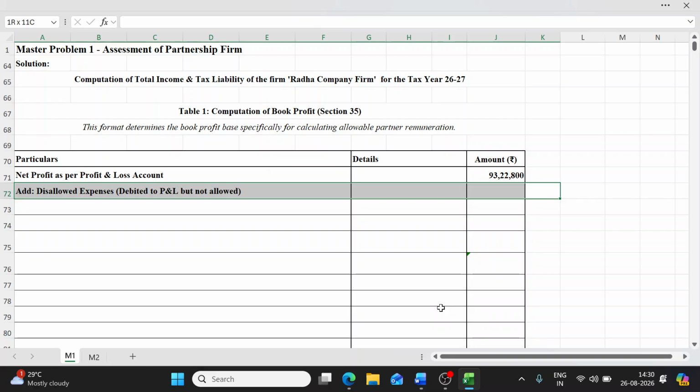All these expenses should be added back to the net profit to find the partnership firm's book profit. So in short, check the debit side of the profit and loss account, identify non-business expenses recorded there, and add them back to the net profit to find the book profit.